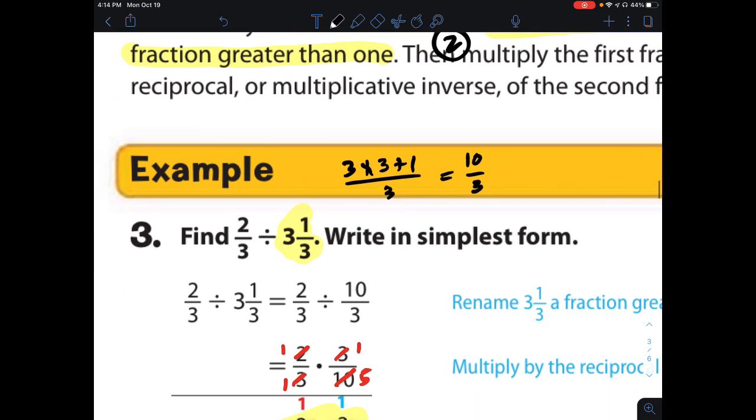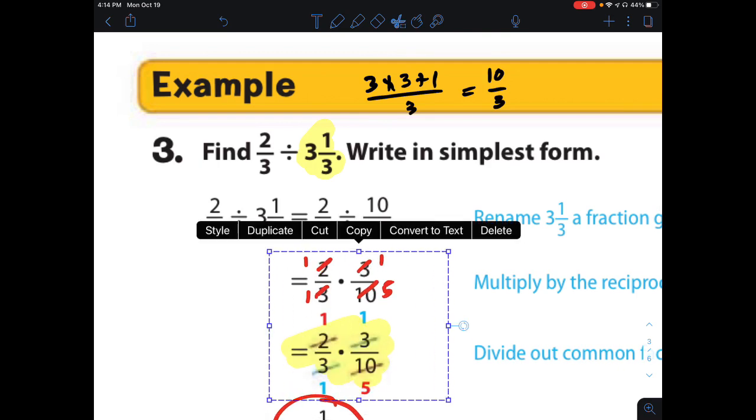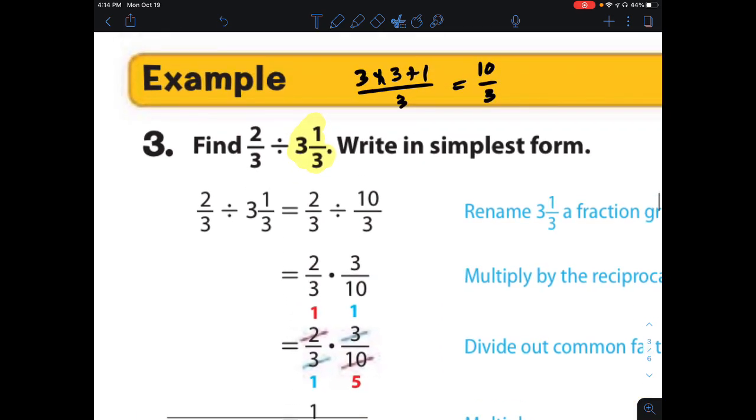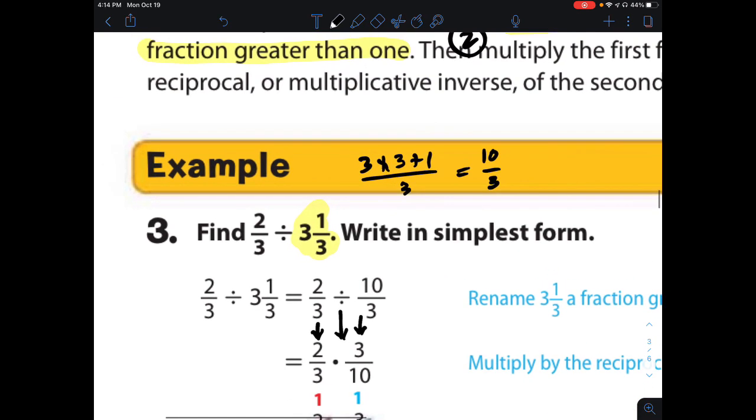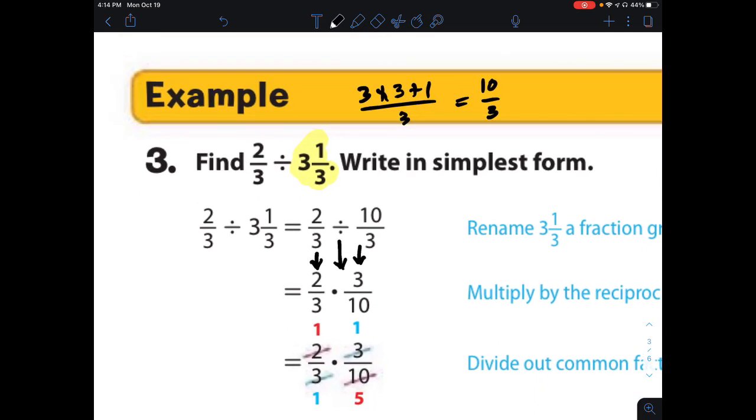And now we simply bring down, let me erase this because this was a lesson previously. We bring down 2/3. We change division into multiplication. We get the reciprocal of 10/3 as 3/10. And we start cross canceling. The 3 cancels out.